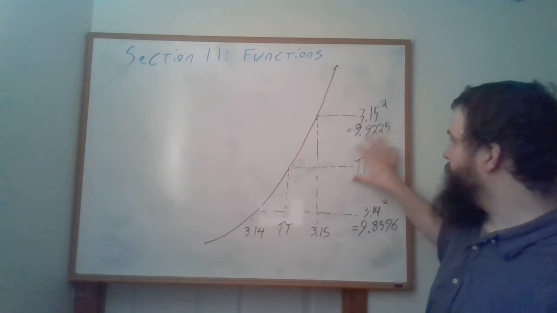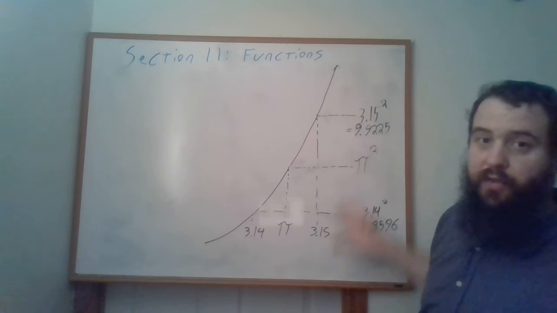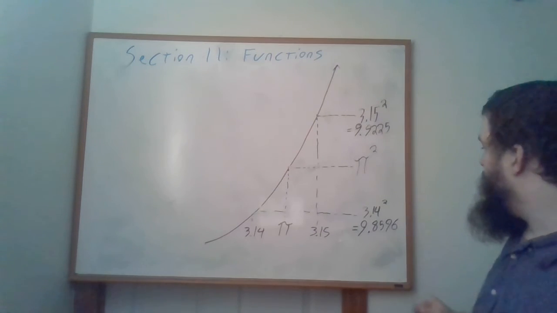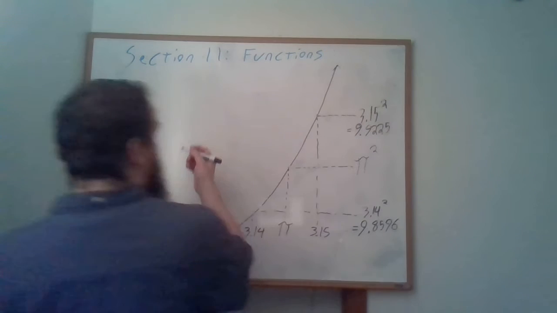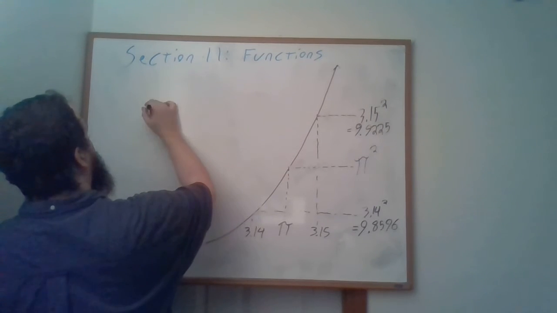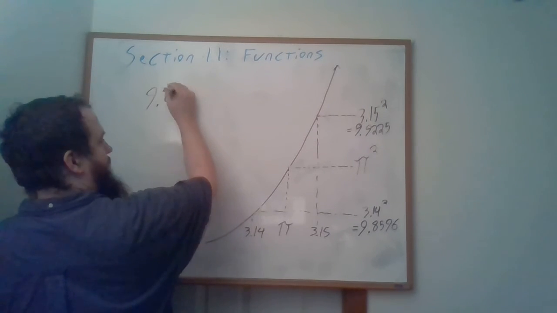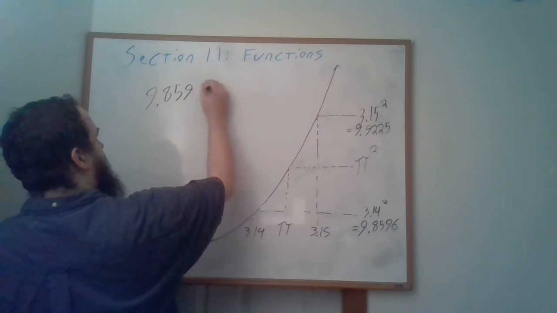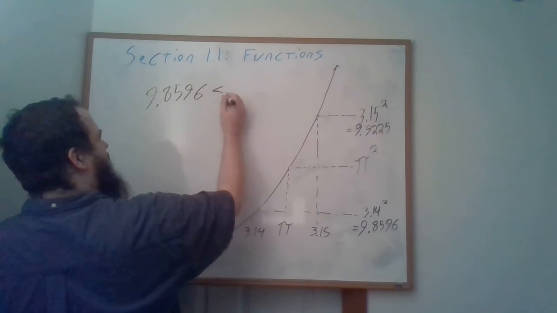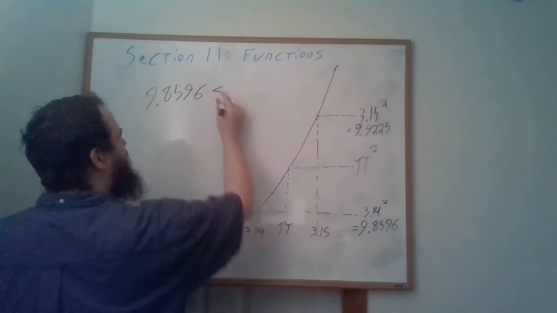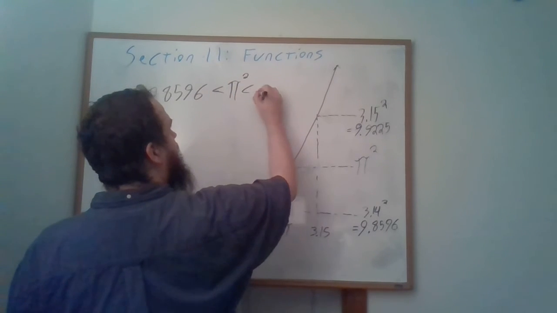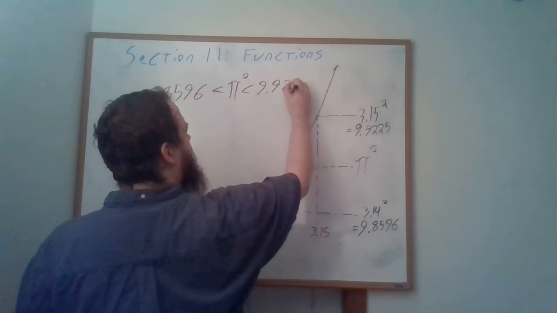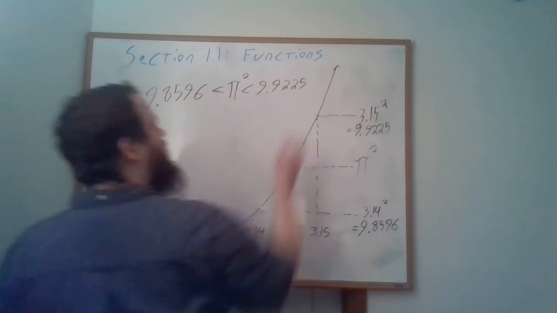We wouldn't know that pi squared is somewhere in between these two values. But we know that pi squared is somewhere strictly between 9.8596 and 9.9225.